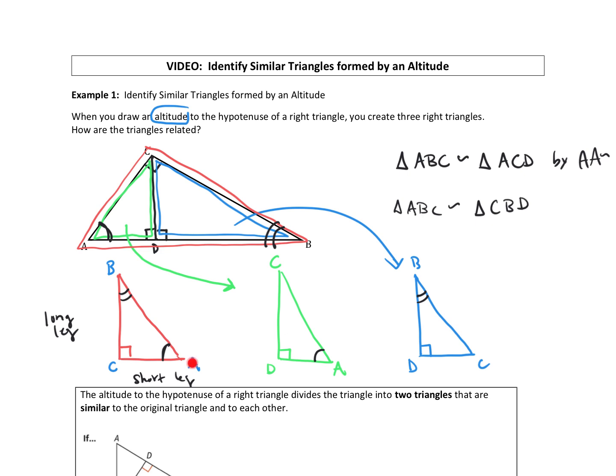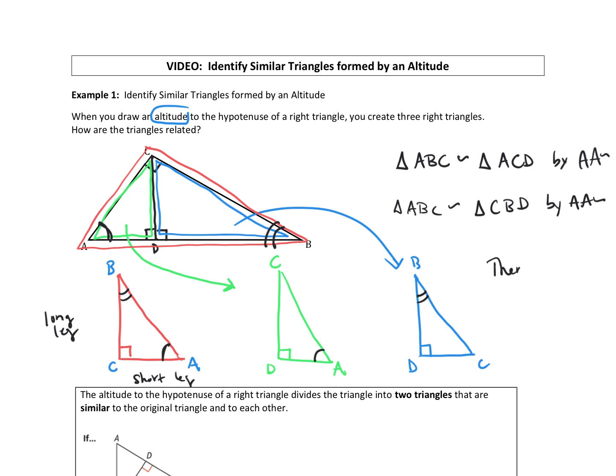Again, A up to B, down to C, C up to B, down to D. It's really easy to get these in the correct order when we draw our triangles the same. Again, both of those have the right angle, and they both have angle B. So they have two congruent angles. So those are similar by our angle similarity.